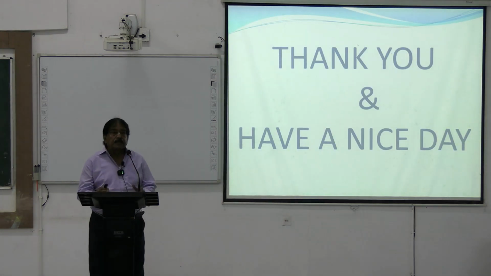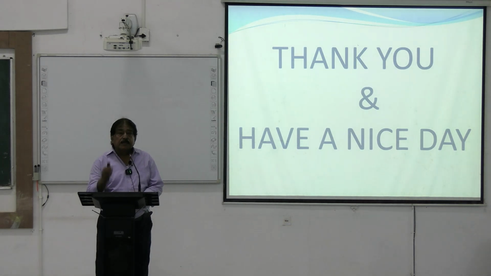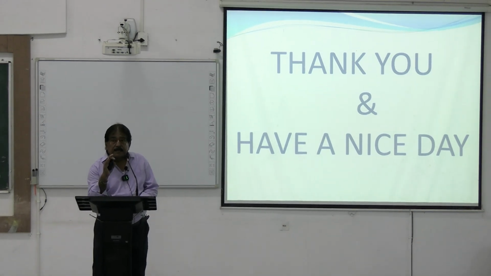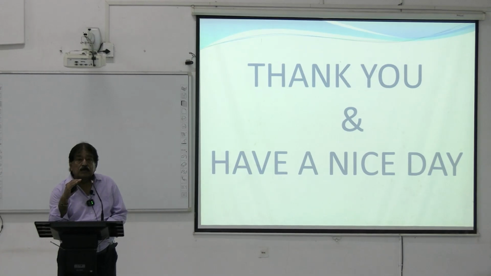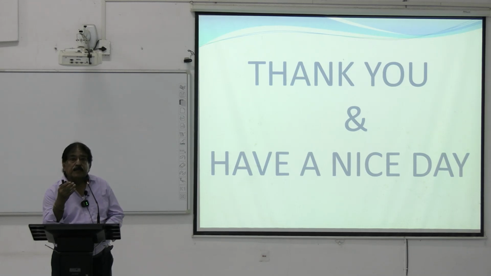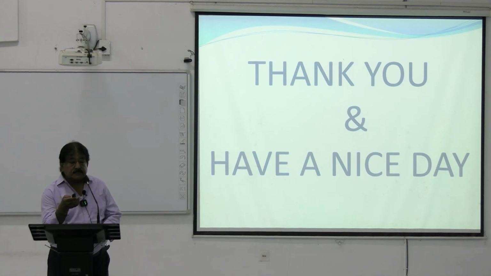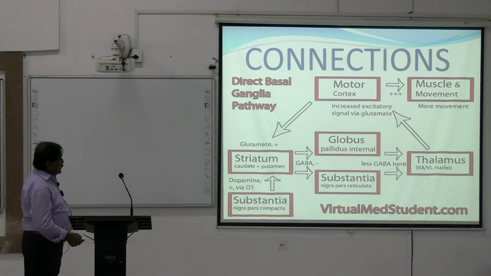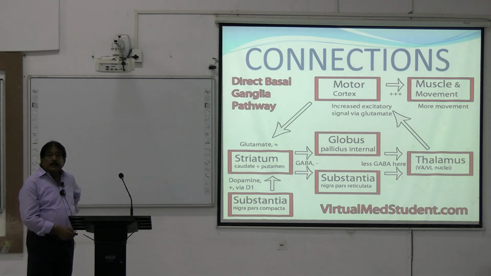Please go home and just know the definition; a short note can come as basal nuclei. You've seen the picture, I've shown you the slides. Even you can go into the website virtualmedstudent.com.